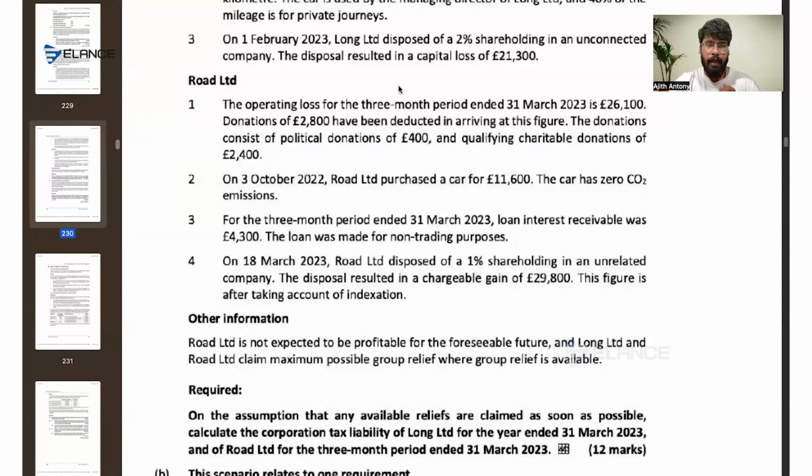If you have any doubts regarding the corporation tax portion, you can ask me now and I'll explain that. Then we will wind up this session. Tomorrow we will discuss CGT and income tax. Of course, tomorrow we will also practice some tax planning type of questions. So today, if you have any doubts regarding the corporation tax portion, you can ask. I'll explain.